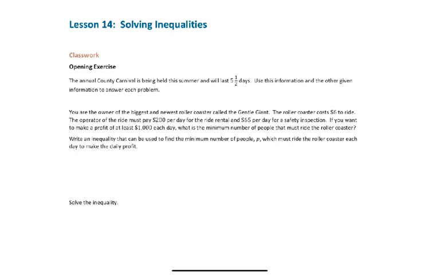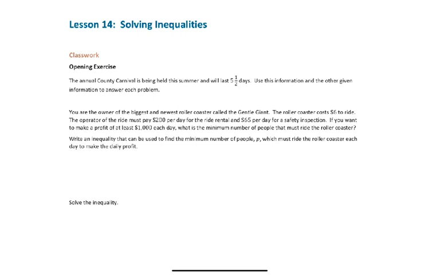It says the annual county carnival is being held this summer and will last 5.5 days. Use this information and the other given information to answer each problem. You are the owner of the biggest and newest roller coaster called the Gentle Giant. The roller coaster costs $6 to ride.